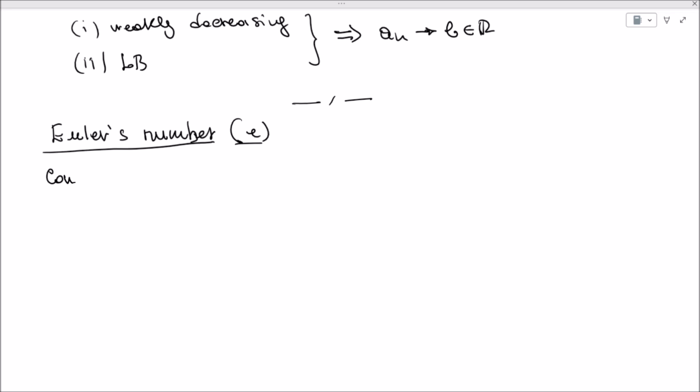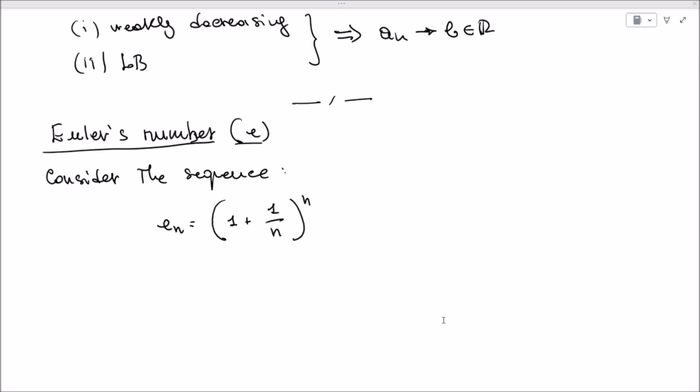Now, to this aim, consider the sequence en equal to 1 plus 1 over n, all raised to the n.